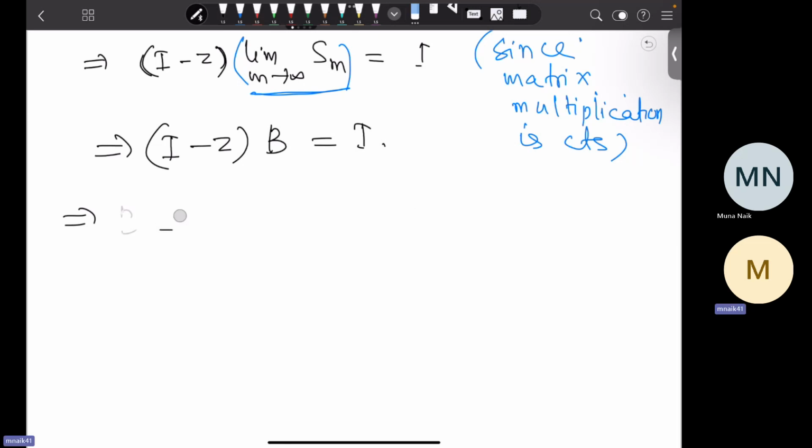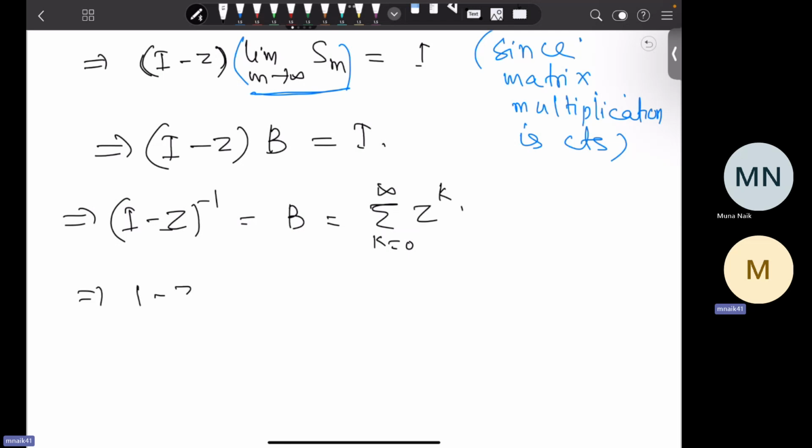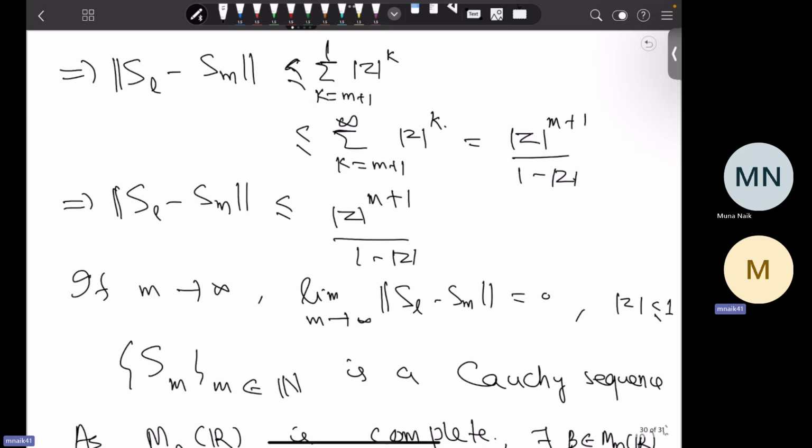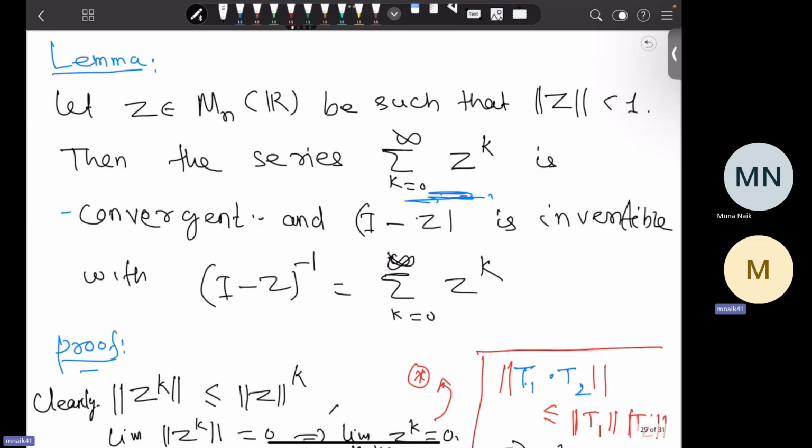So this implies that I minus z inverse is equal to b, and b is equal to the sum from k equals 0 to infinity of z to the power k. So I have proved the lemma.